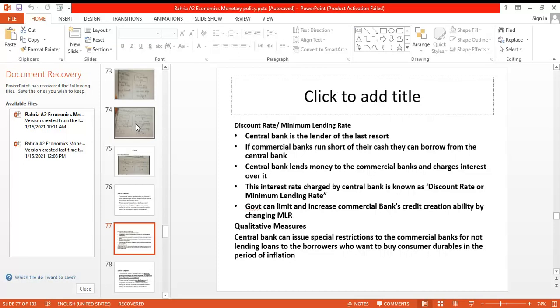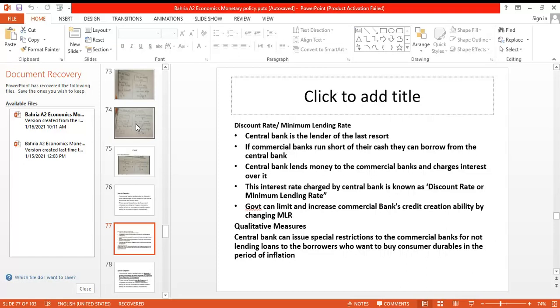Previously, let's say the MLR was 3%, so the banks were lending at 5%. Now government reduces it to 1%. So now the banks will also charge a lower interest rate. So by increasing the MLR, the money supply is reduced. By decreasing the MLR, the money supply increases, because the interest rates overall are going to fall.